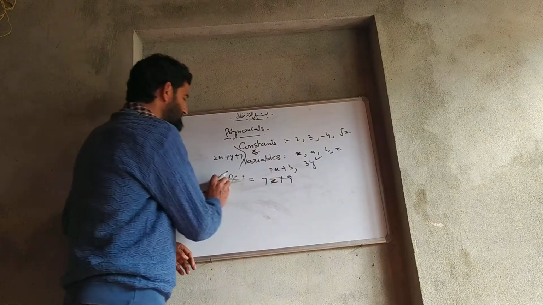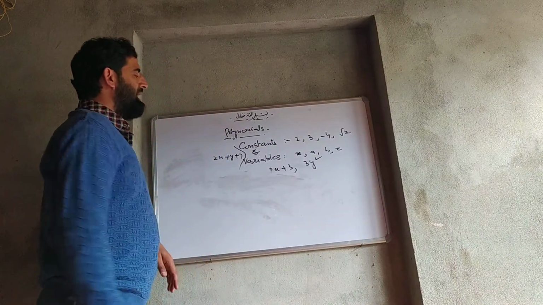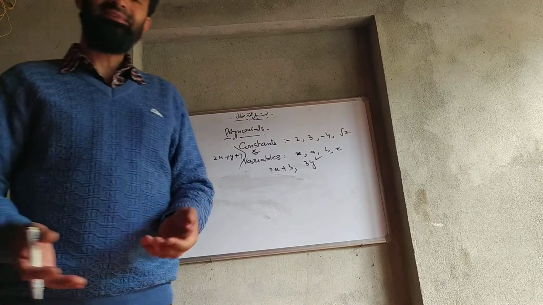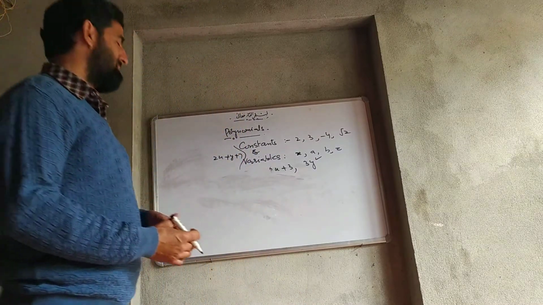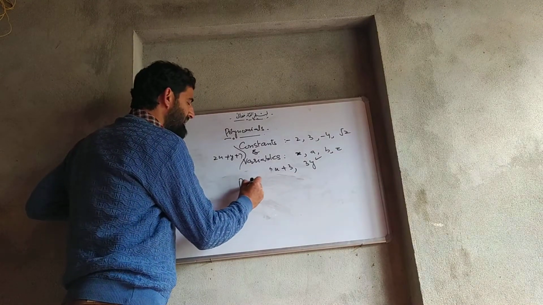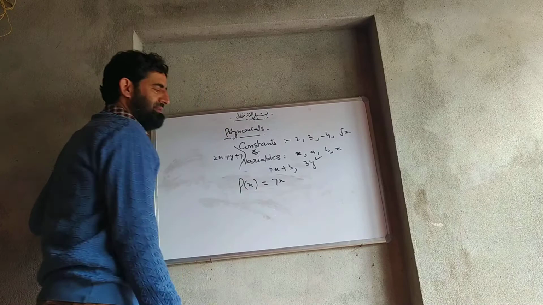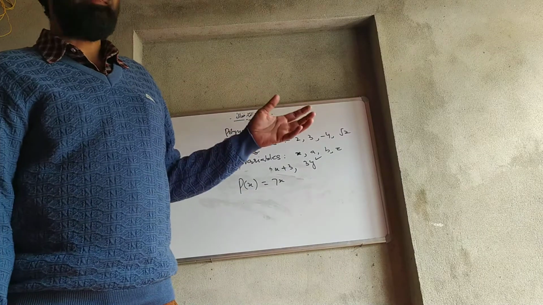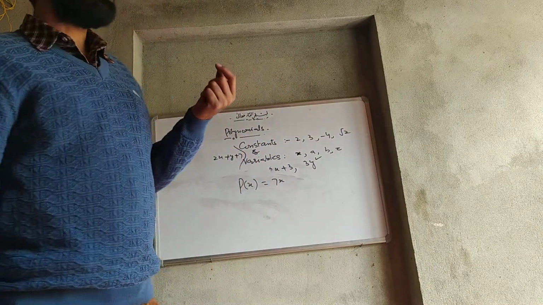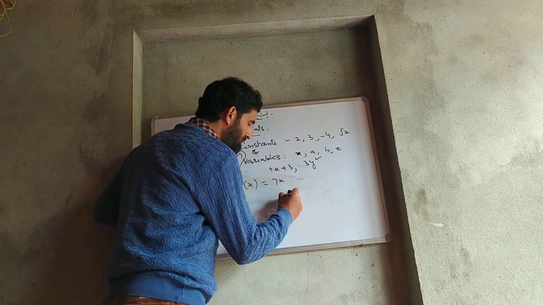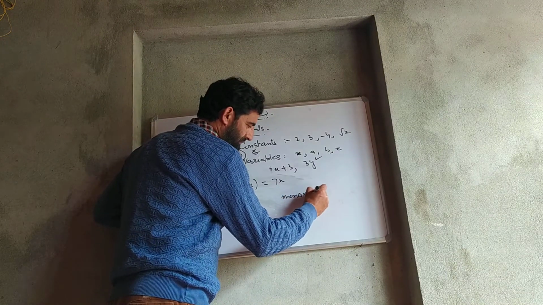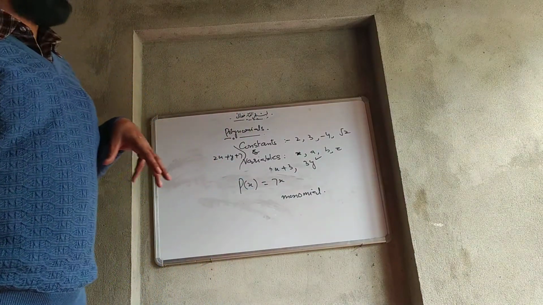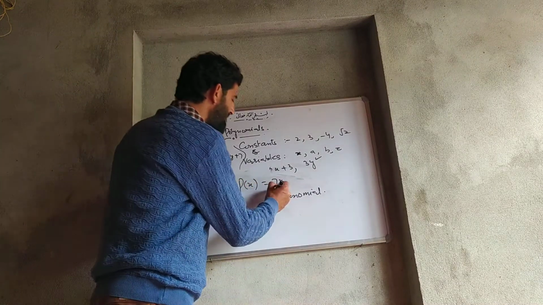So now this is clear that polynomials are those algebraic expressions with many terms, but there can be a single term in a polynomial. Suppose I write here polynomial in x is equivalent to 7x. This polynomial contains just one term, and when there is one term in a polynomial, it is called a monomial. 7x is only one term.